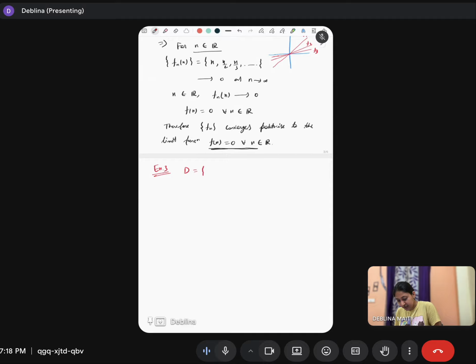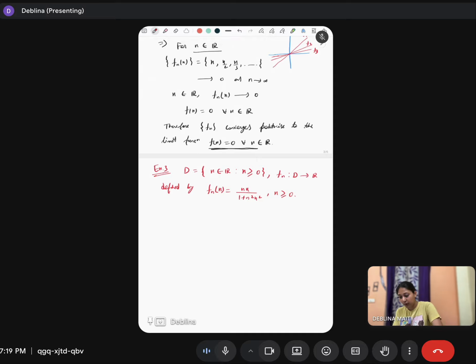So in example 3, D is this set, all those x belonging to R such that x is greater than or equal to 0, that is [0, infinity), and fn is defined to be, fn is from D to R, which is defined by fn(x) equal to nx by 1 plus n square x square, where x is greater than or equal to 0.